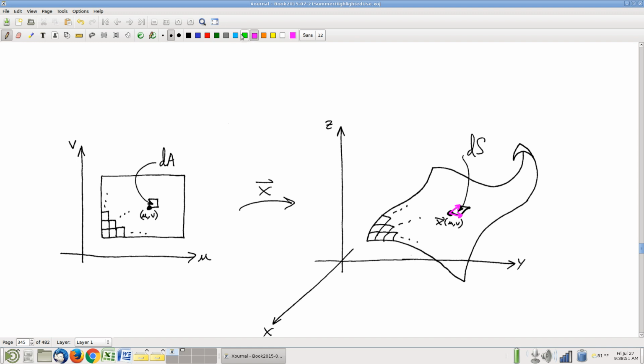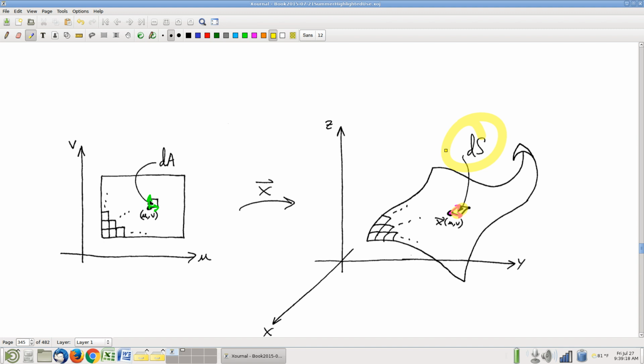Well, those are the images of these vectors. So I need to understand these green vectors. I need to do whatever I got to do to turn them into these purple vectors. Once I know the purple vectors, I can use chapter 1 formulas to compute the area that I'm actually interested in. And keep in mind, that's our goal right now, is for the moment, is to figure out what is this area dS.